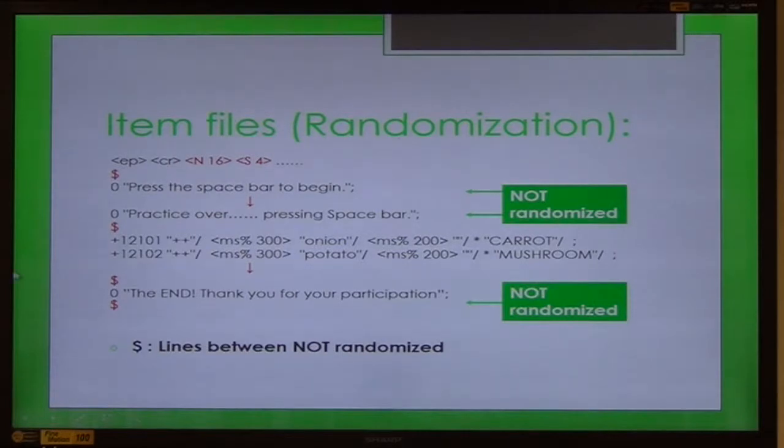For example, you can see the instruction here, and also the practice over instruction here. That means these two sentences will not be randomized. And for these trials, because they are not between two $ signs, they will be randomized. And then again, finally, this sentence at the end will not be randomized. So anyway, any lines between the $ signs will not be randomized.